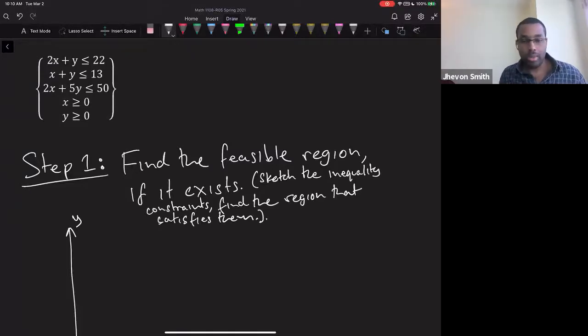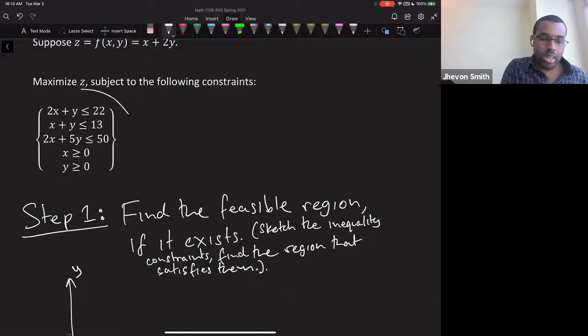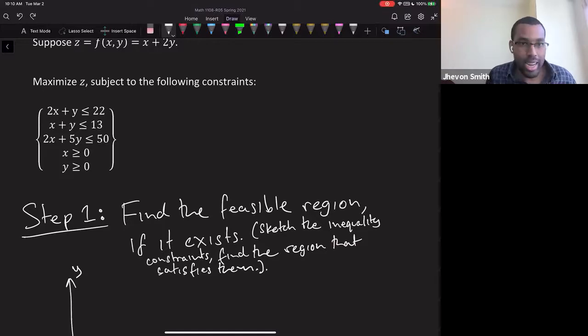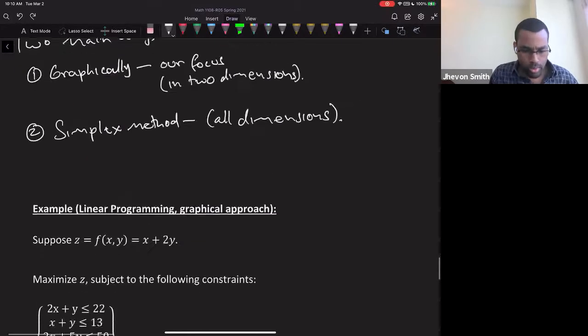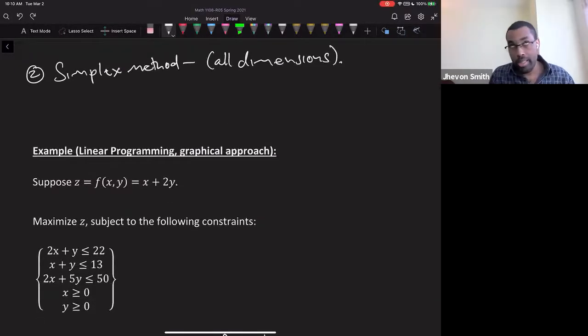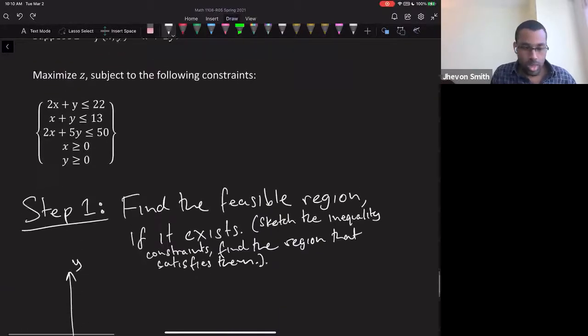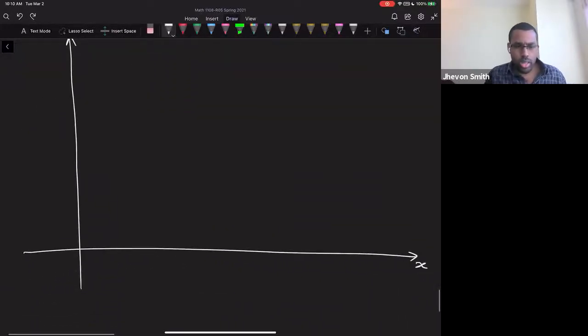So that's what that's going to involve, which means we're going to focus on this for now. We need to sketch all these. Remember, you sketch them by sketching the lines. So 2x plus y equals 22. Remember how you sketch these? Plug in one variable equals 0 at a time, solve for the other. If I plug in y equals 0, I get x equals 11. If I plug in x equals 0, I get y equals 22. So that is going to look like this.